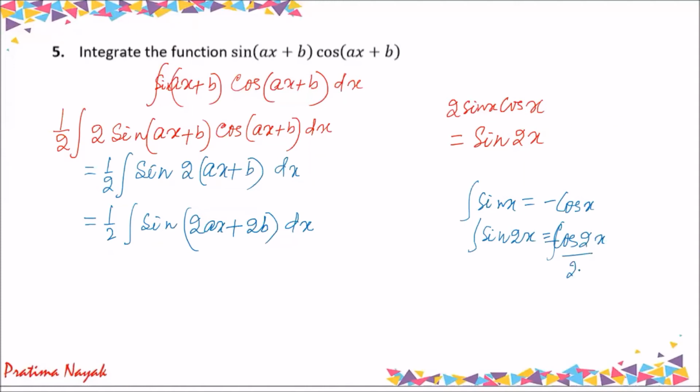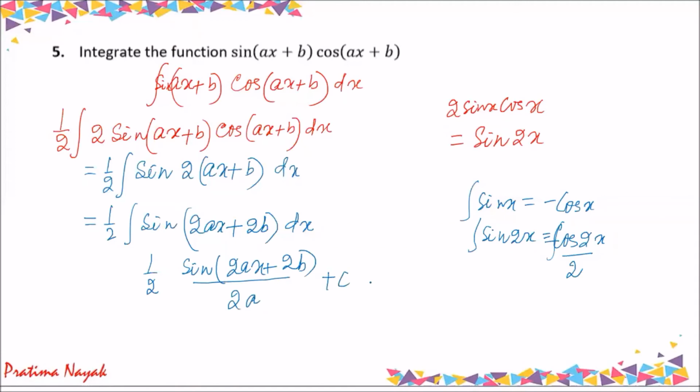In integration, the coefficient is divided. So what is the coefficient of x here? It is 2a, so it will be half. This left hand side expression will be brought down. It will be minus cos(2ax + 2b) divided by 2a, plus c.